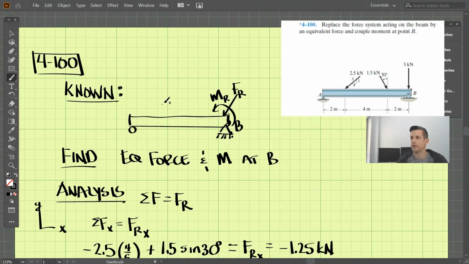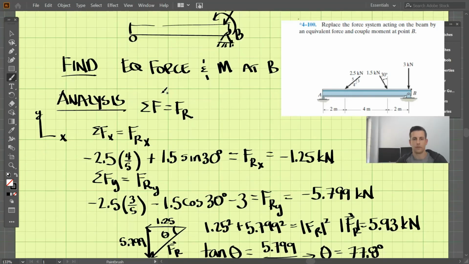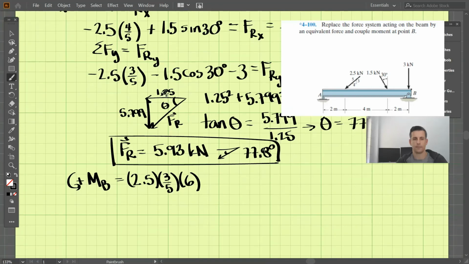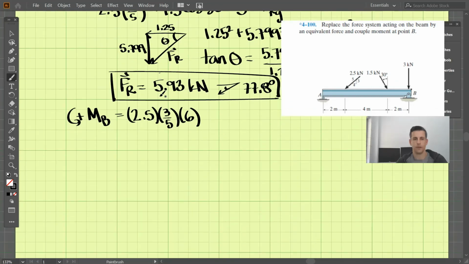If the force is here and it's downward, it would create a counterclockwise motion around B. So we are correct in stating that that should be a positive value there.